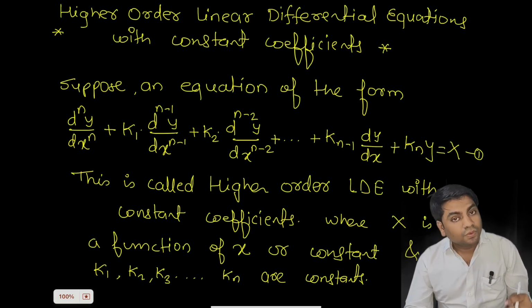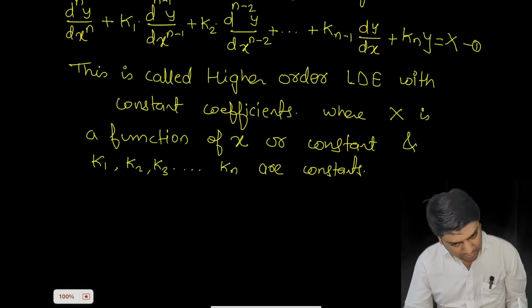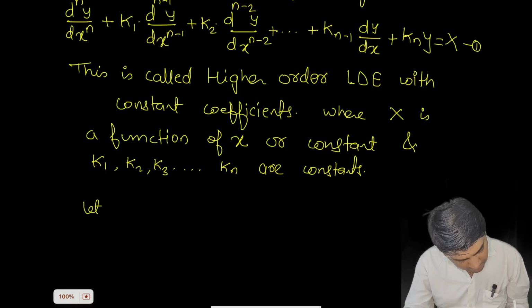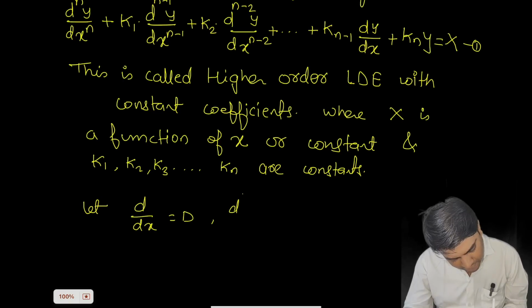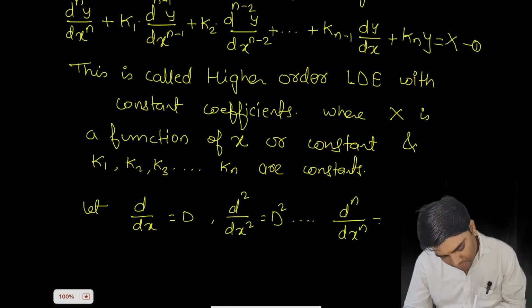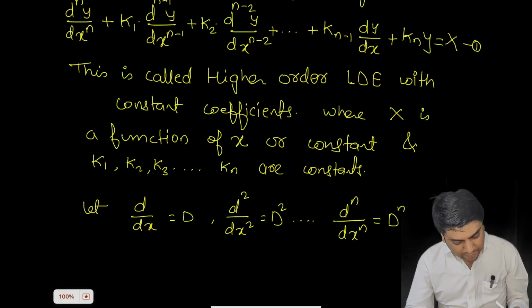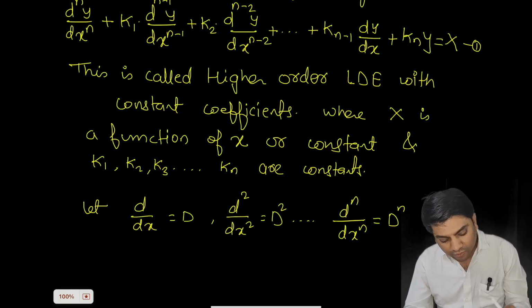Now we can consider here, let d by dx be called capital D, d square by dx square be called D square, and so on, d raised to n by dx raised to n is called D raised to n. Now I'll replace d by dx, d square by dx square in equation 1.